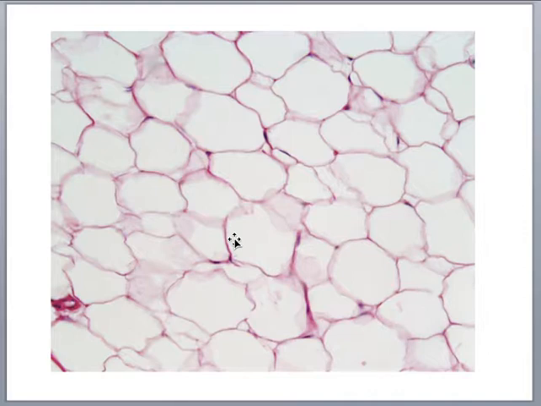Where do you find adipose? Unfortunately, throughout the entire body. You find adipose embedded within that loose areolar connective tissue of the hypodermis of the skin. So you find it in the hypodermis. You find it lining the anterior abdominal pelvic cavity wall.